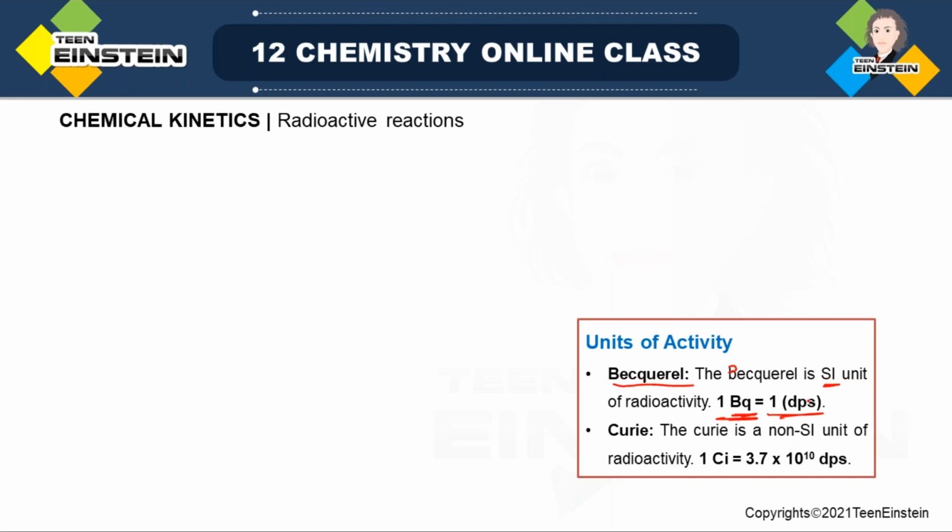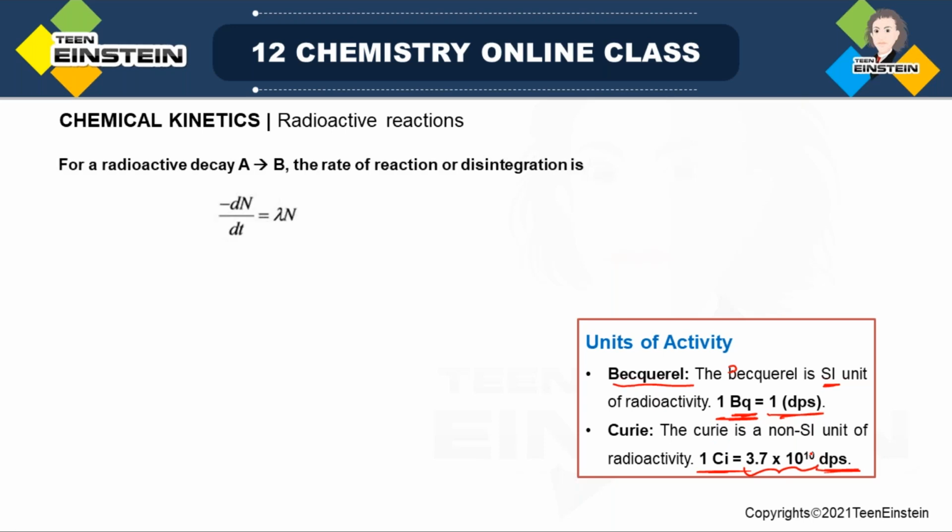When we say Bq per gram, it is exactly the same as DPS per gram. And curie is a non-SI unit of radioactivity. And 1 curie has a very large value. 3.7 times 10 to the power 10 DPS is equal to 1 Ci, that is 1 curie. So remember, these are the relationships between Ci and DPS. Mostly Bq is not used so much. These two units are used very frequently.